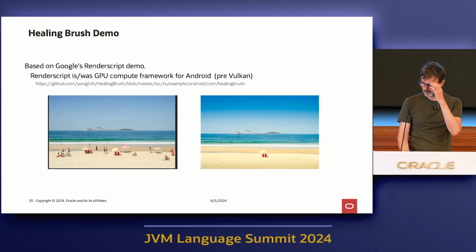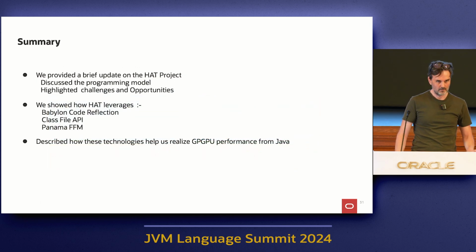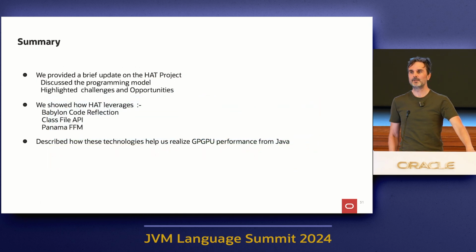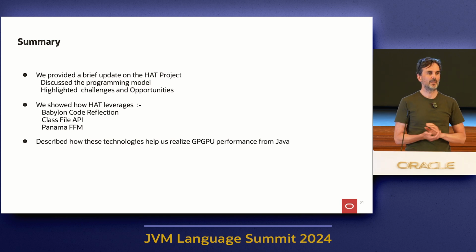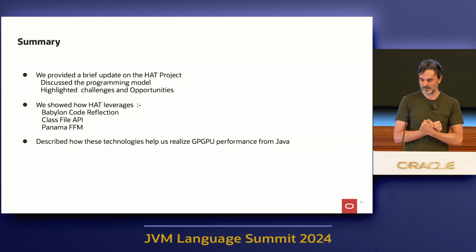Okay, I showed the healing brush demo. Hopefully you've got a reasonable idea of how we're defining the HAT programming model. We've still got a lot of work to do to make it crisp, but we have something that's workable and something we can learn from through iterative example. I think it's really showing the benefit of Panama, and it's helping to show the benefit of code reflection.